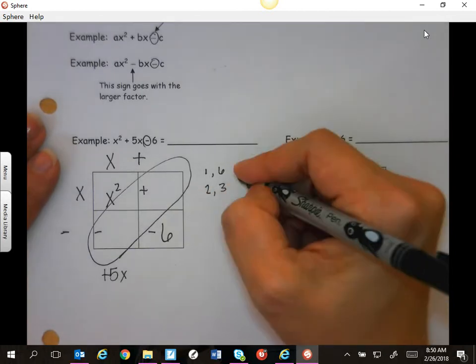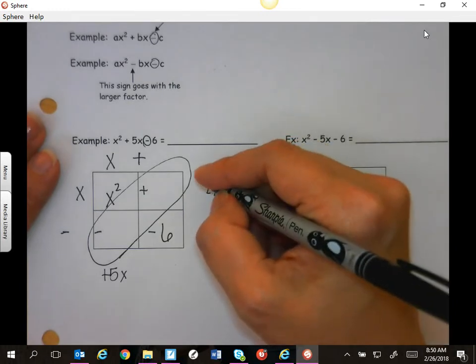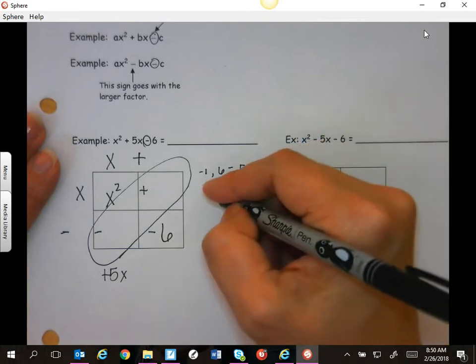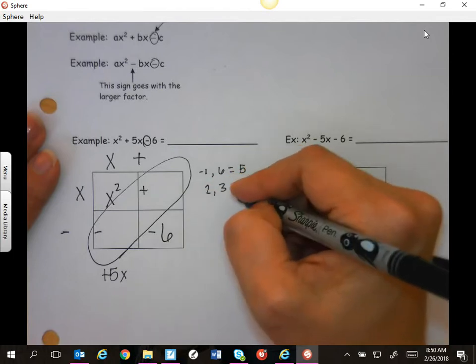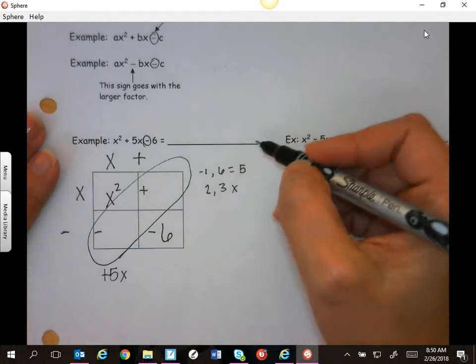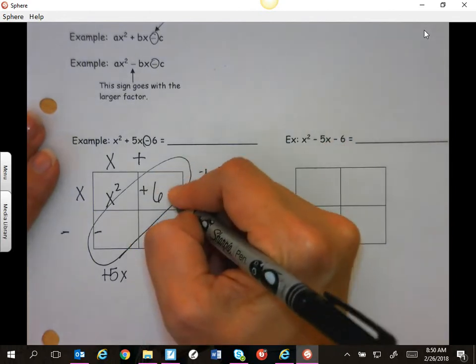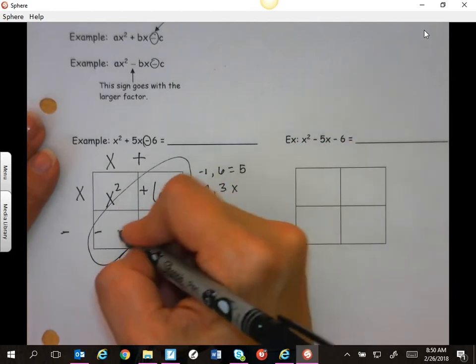So we're going to have to subtract these. Well, 1 minus 6 is negative 5, but 6 minus 1 is 5. That's what we want. This doesn't work. Negative 2 and a positive 3 is positive 1. Negative 3 and a positive 2 is negative 1. That one's not going to work. So you have to be real careful. If we want a positive 5, then that means the 6 is going to be positive, negative 1x.